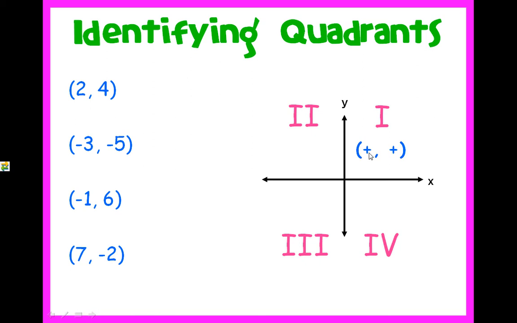In quadrant 2, you would be moving left and up, so that would be negative, positive. Quadrant 3 will be left and down, so that'll be negative, negative. And then quadrant 4 will be right and down, which is positive, negative.